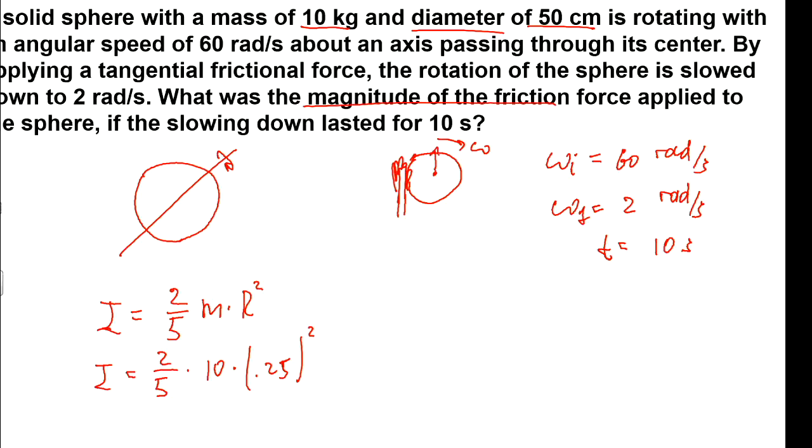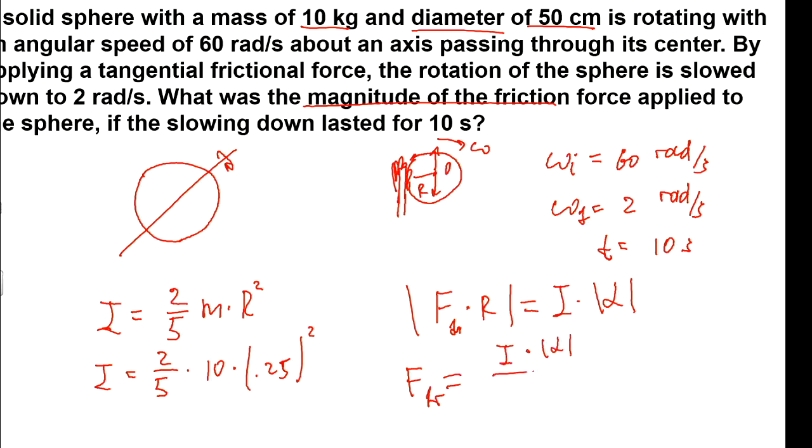Technically we also have normal and gravity, but that's our axis, so the only torque responsible for angular acceleration is that due to friction force times radius. That will be the magnitude of the torque, and it should be equal to I times the magnitude of acceleration. So the force will be equal to this times this divided by this.